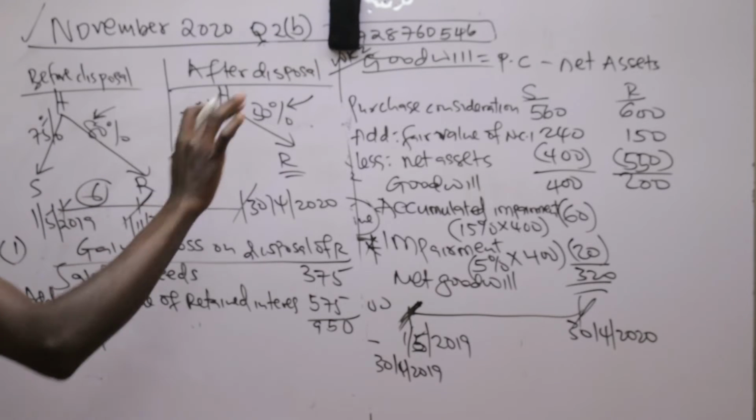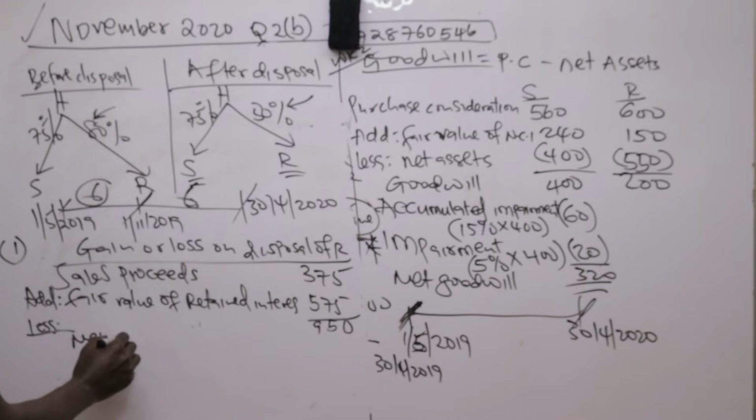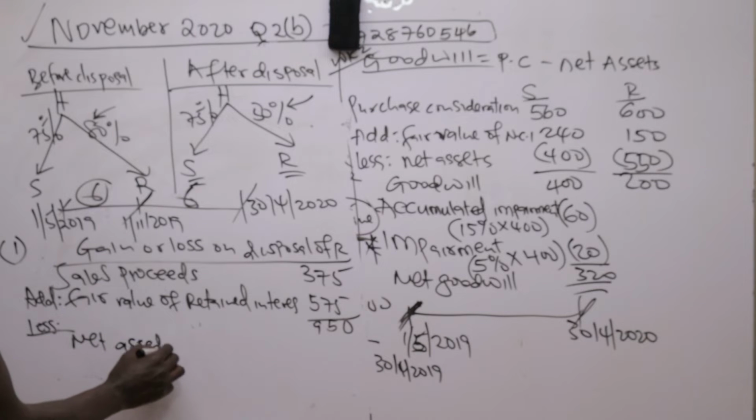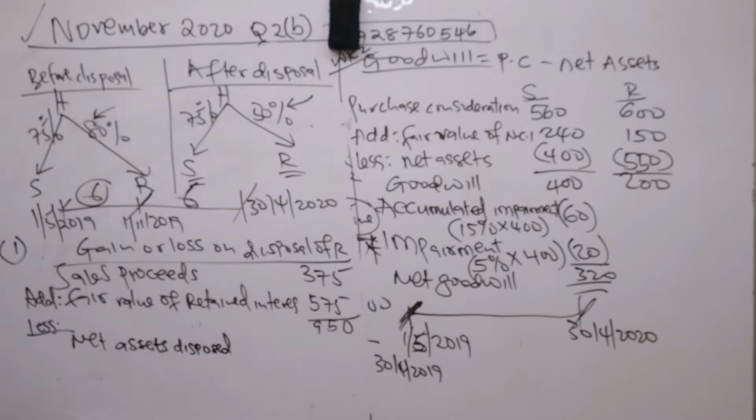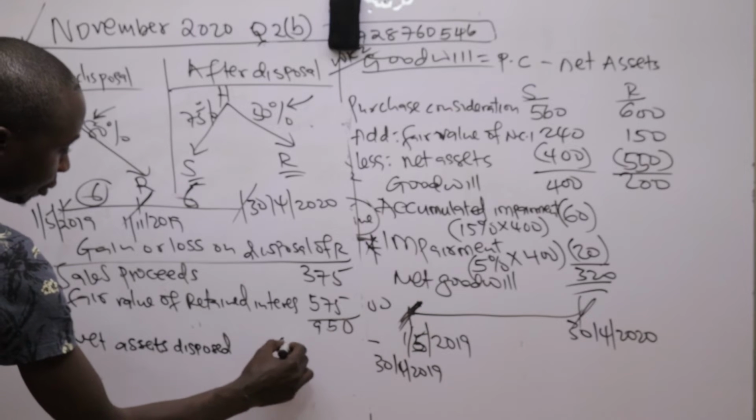Remember they sold the net assets, so we deduct that. Net assets disposed is 675.